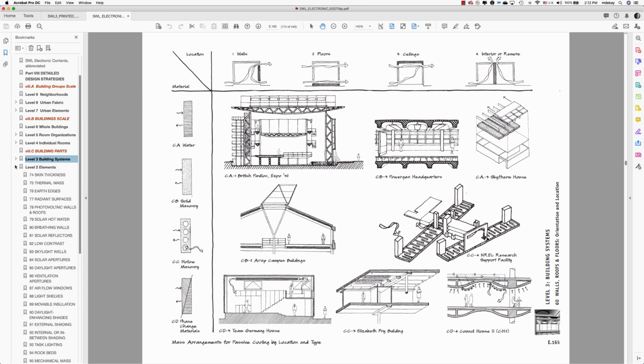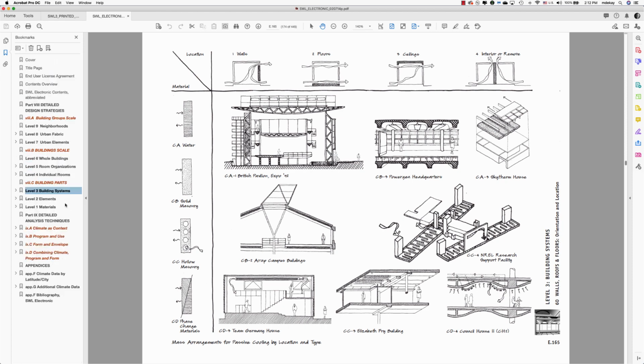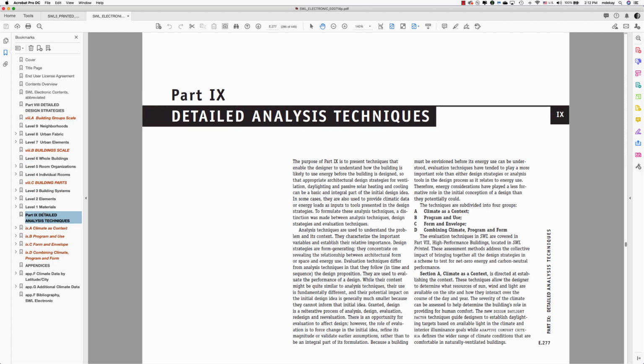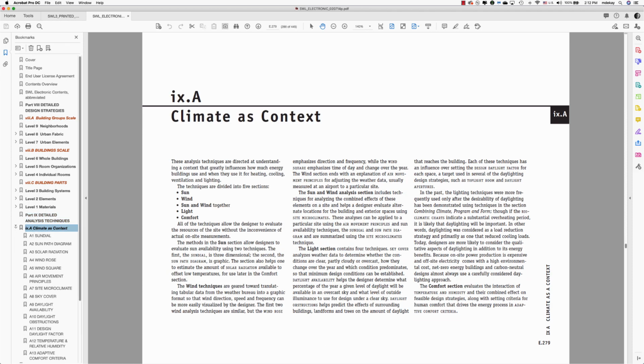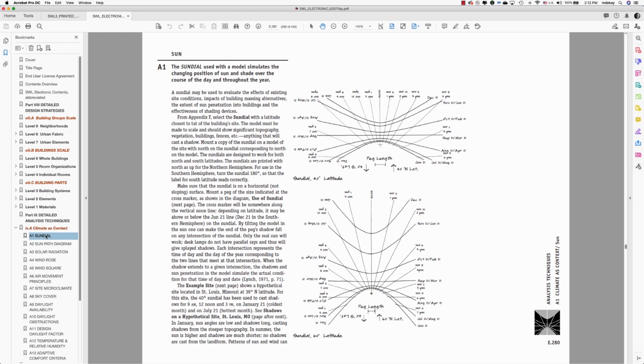So moving down in the scale, I'll close these up. We can go down here to the detailed analysis techniques. And if we go to climate as context, for instance, it'll tell us a little bit about that section. And then I have all my analysis techniques.